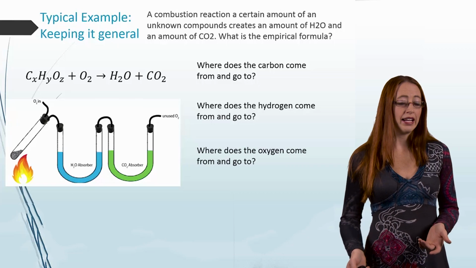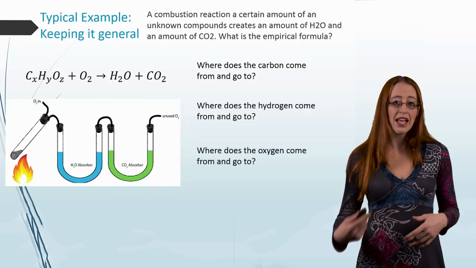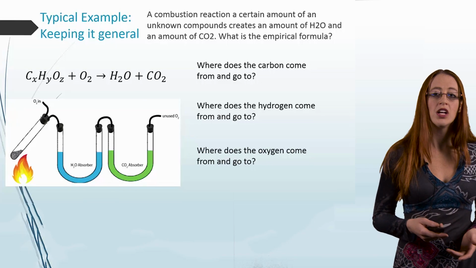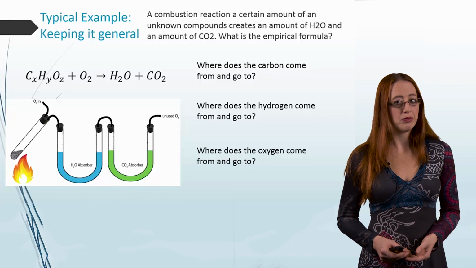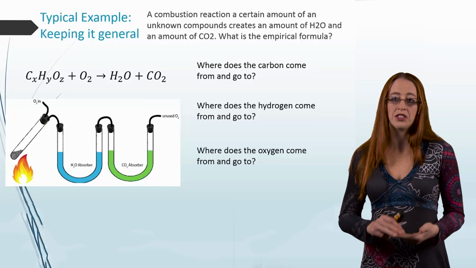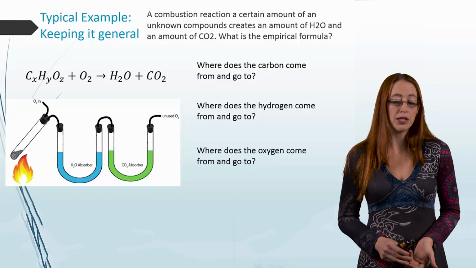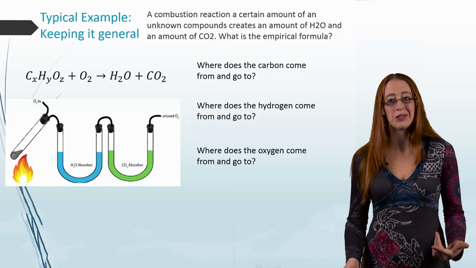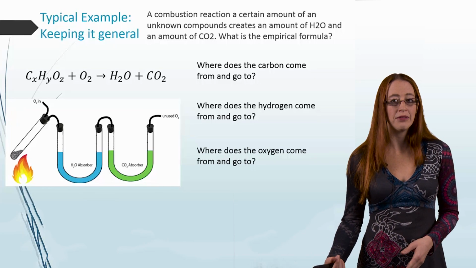Oxygen's more complicated, and when we go to do an actual problem on this, that's going to be the one that is really the most difficult for us to solve. So with the oxygen, it's coming from two places. It's coming from both the hydrocarbon and from the oxygen that we're using to actually combust the species. And then it goes to two places too. It goes to the water and the carbon dioxide.